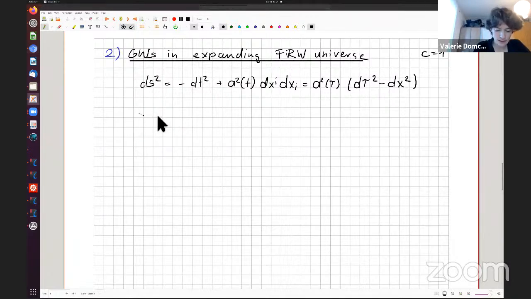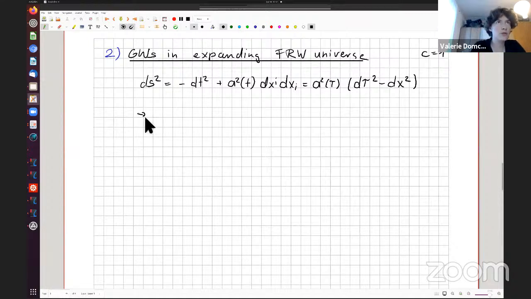So we derived the linearized Einstein equation yesterday. Now, if we take into account the expansion of the universe, the left-hand side, G mu nu, changes a bit with respect to yesterday, but the change is pretty minimal.